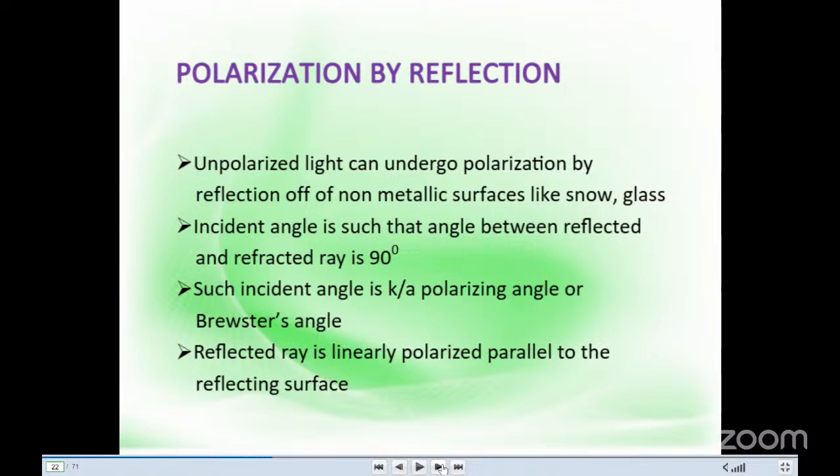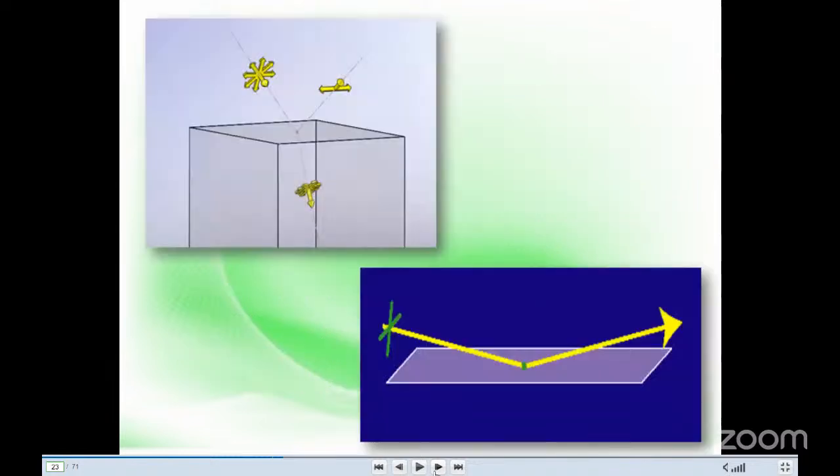If the incident angle is such that the angle between the reflected and refracted ray is 90 degrees, such an incident angle is called the polarizing angle or Brewster angle. The reflected ray is linearly polarized, parallel to the reflecting surface. This is the case of the Brewster angle. You see that?